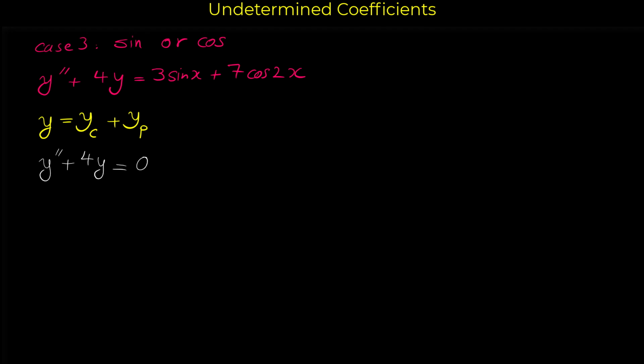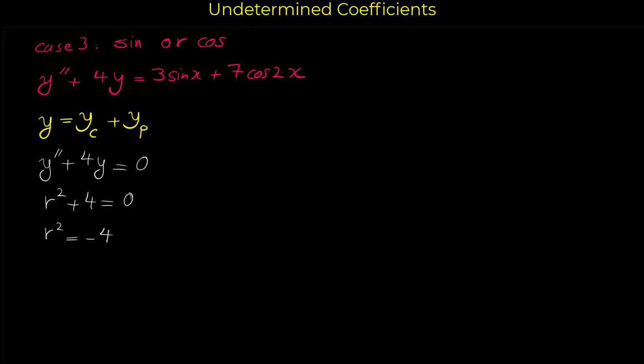For solving this homogeneous differential equation, first we write the characteristic equation: r squared, because we have a double prime, so r to the 2 plus 4 equals 0. This is the characteristic equation for this second order differential equation. For finding r, you can use the quadratic formula, or actually it is easier to move 4 to the other side, so r squared is negative 4.